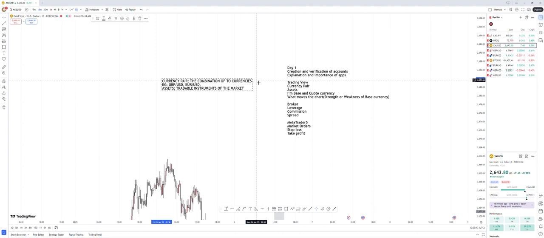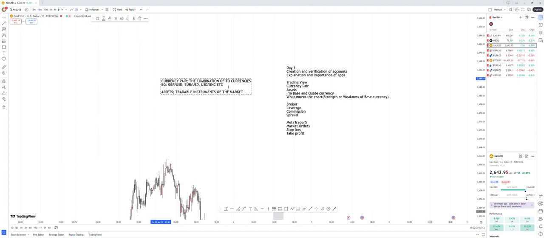Let's say USD/GHC. This is the comparison of the US dollar against the Ghana cedi. And for the Nigerian one, I don't know the comparison, so I'm going to leave it as that. So these are the examples of the currency pairs we have. So GBP/USD is the comparison of British pound against US dollar, euro against US dollar, and US dollar against Ghana cedi. Do you understand?